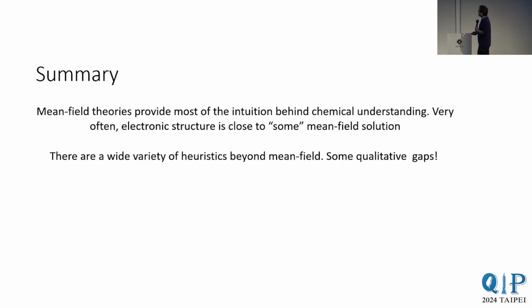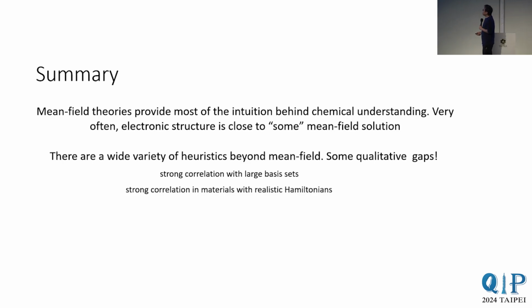There are many heuristics beyond mean field, and there are some qualitative gaps in capabilities, typically associated with more strongly correlated problems and treating them with very large basis sets, for example, or treating strong correlation with more realistic interactions. So there was a question about tensor networks and what they can't do. Well, nowadays you can use tensor networks with model Hamiltonians, but it's very difficult to use them with realistic Hamiltonians.